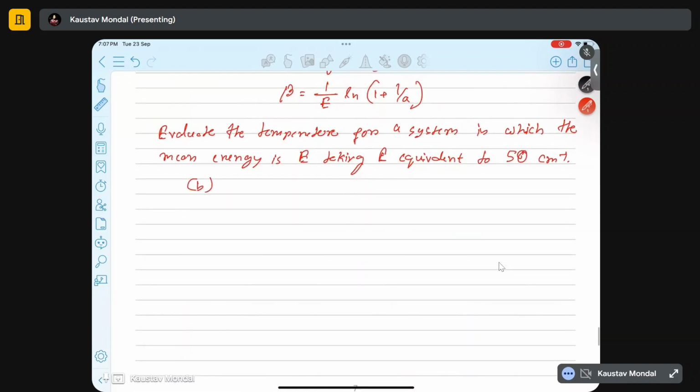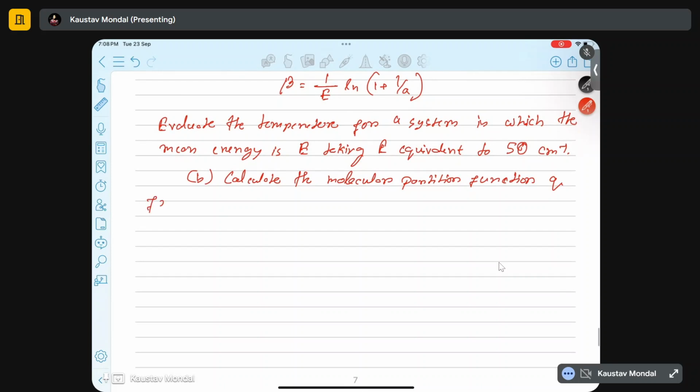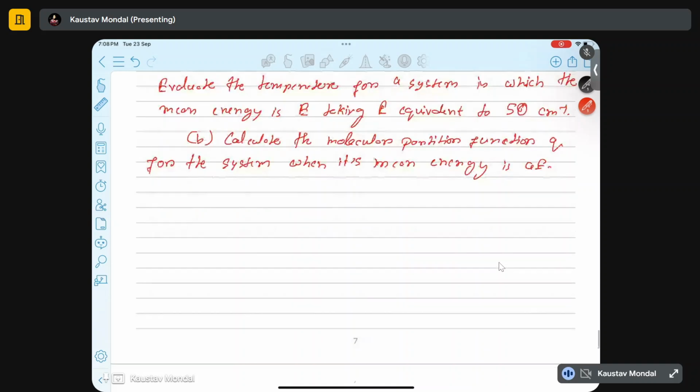Then calculate the molecular partition function q for the system when its energy is aε.